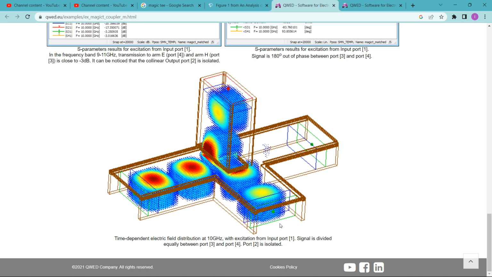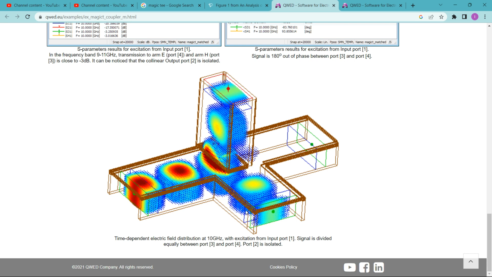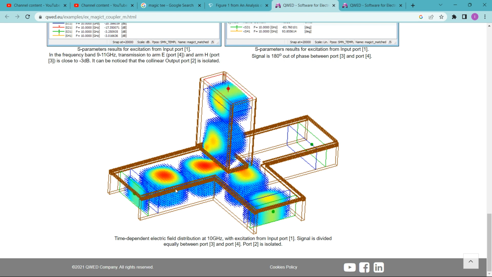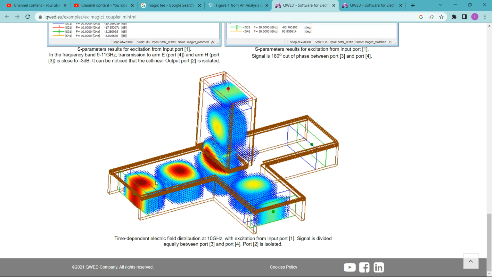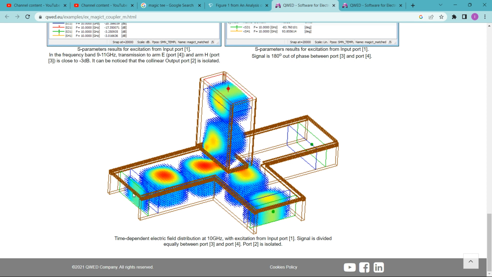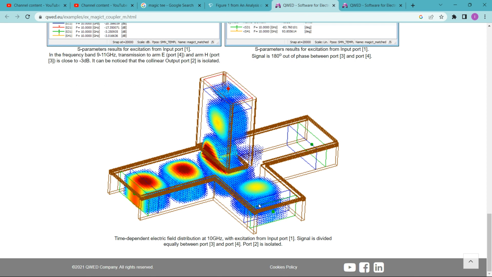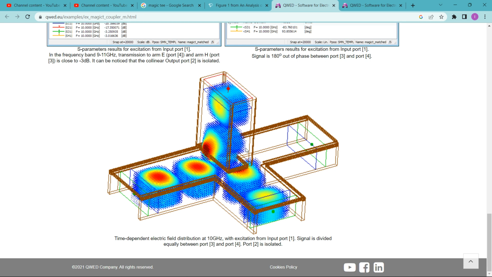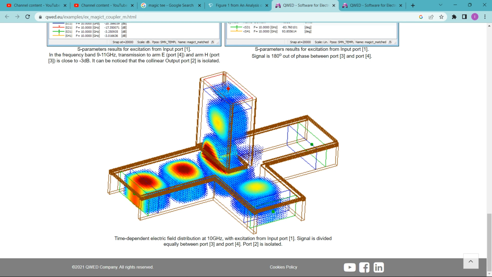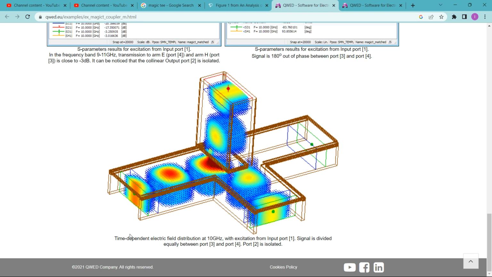If you give input at the H arm, this is the H arm, this is the E arm, the output will be the same in amplitude and same in phase over the collinear arm. And if input is given in the E arm, no output at the H arm, and the output is equal in magnitude and opposite in phase in the collinear arms. This is the animation for the Magic T.